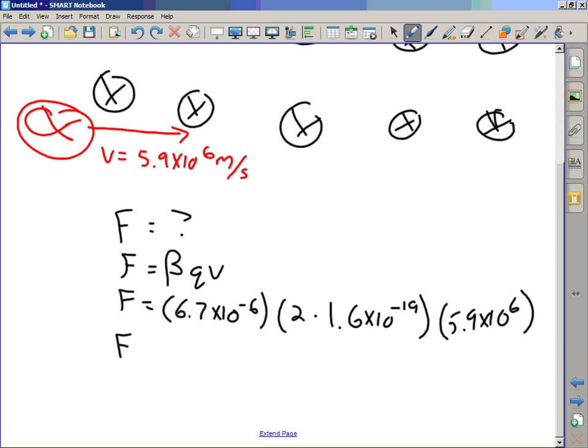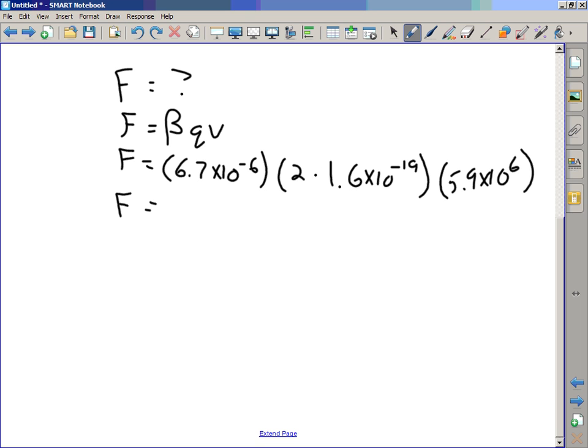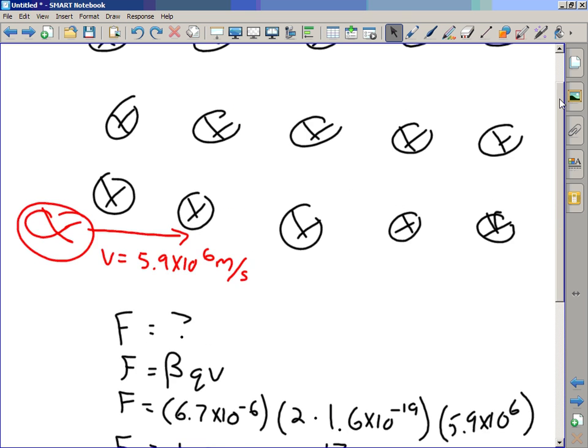What force is this guy going to experience? 6.3 times 10 to the negative 17 newtons. Now, come back and get a direction for this guy.